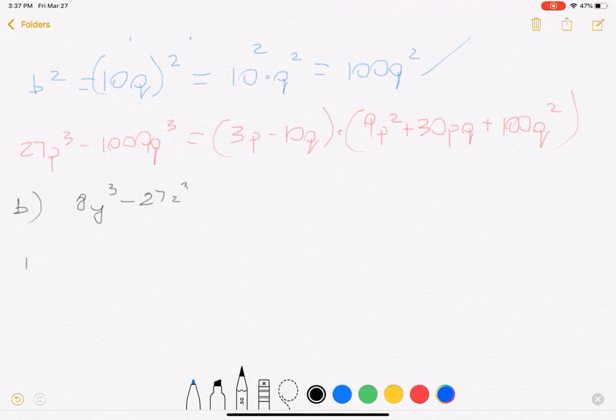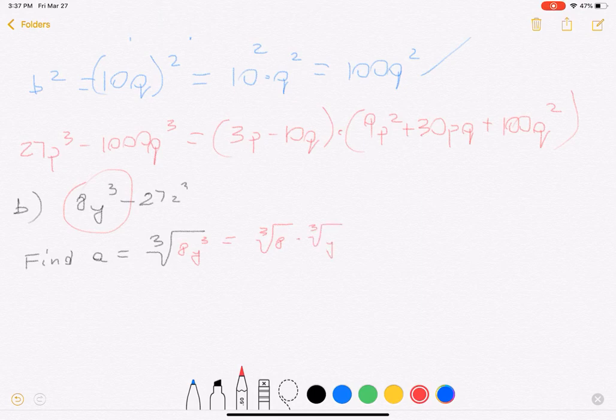So find A. Take the cube root of the first expression, 8y to the third power, so that will be cube root of 8 times cube root of y to the third power. Cube root of 8 is equal to, because again 2 to the third power is just 8, so we're getting 2. And here y to the third power, the cube root of y to the third power is just y, so that's A. Let's save it.